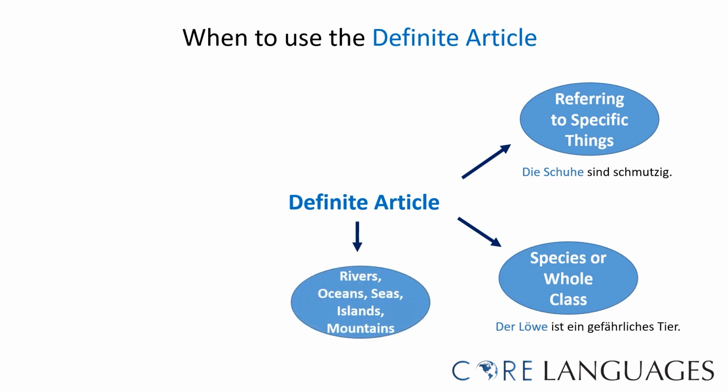We also use the definite article to talk about rivers, oceans, seas, islands, and mountains. For example, sie fliegen jedes Jahr in die Karibik. They fly every year to the Caribbean.